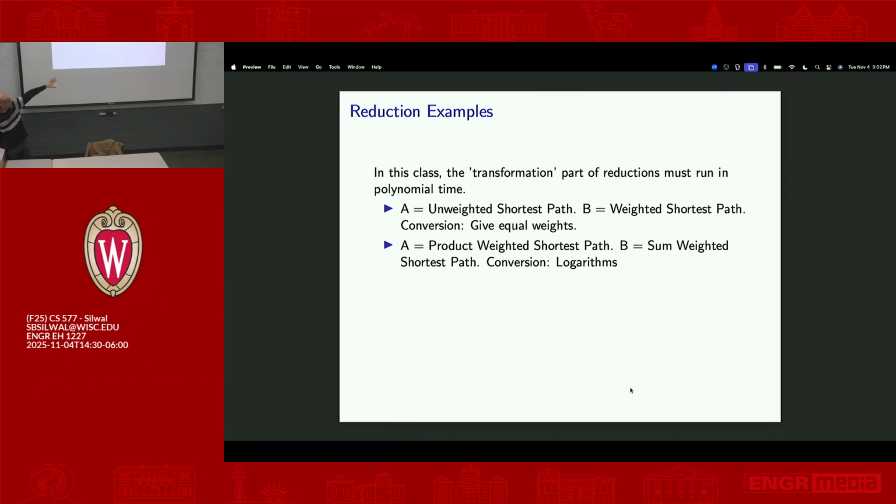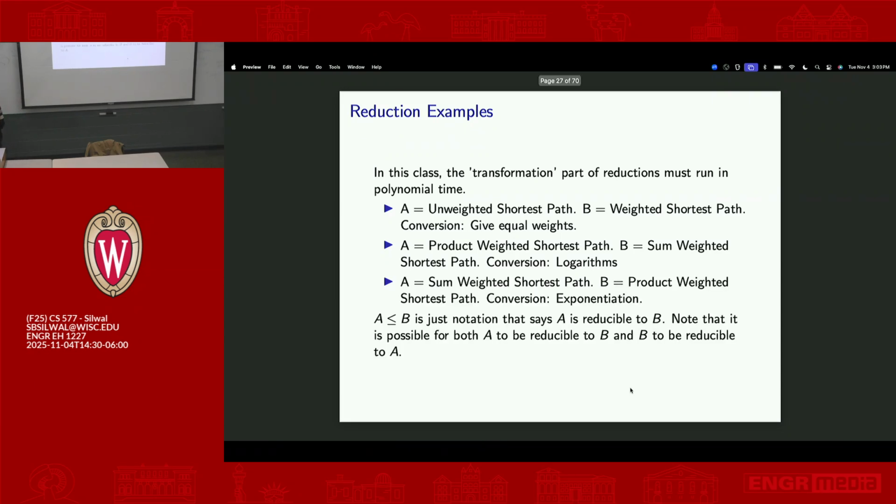Well, A is a special case of B, because if I have an algorithm to solve B, then I can get an algorithm to solve A by taking my input for A and taking the log of all the values. That's a new input. I plug that into B, B will solve it, and that actually will solve problem A, okay? Essentially, this notation A is less than or equal to B is just saying that if I have an algorithm for problem B, I can convert it to an algorithm for problem A.